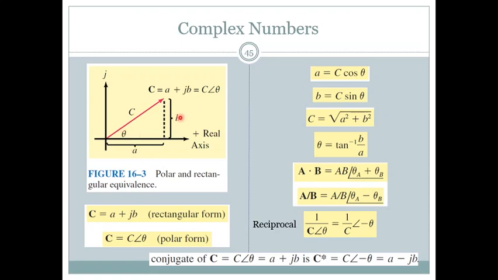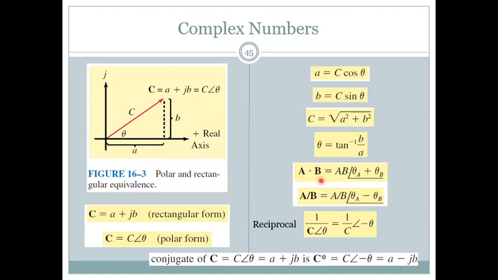Now in this case, simply A is C cos theta and B is C sin theta, and C is equal to the square root of A squared plus B squared. This is using Pythagoras' law, right? And theta is equal to tan inverse of B over A.